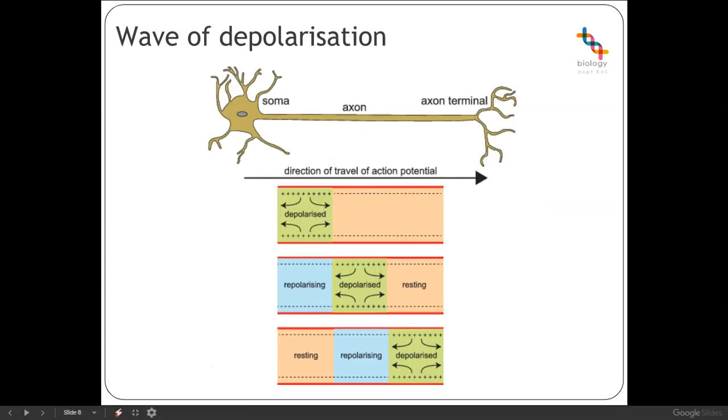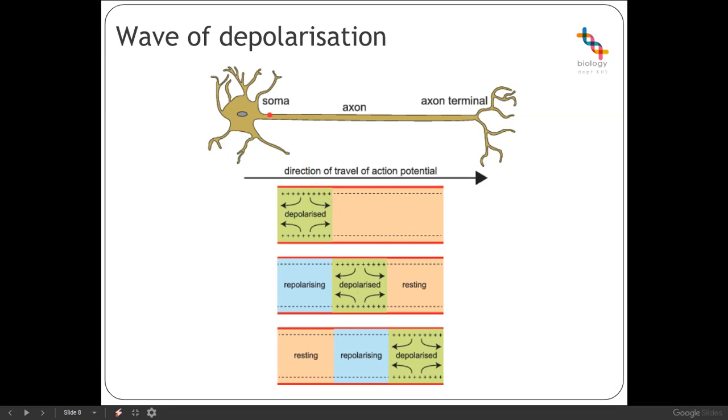So when this is happening within the plasma membrane of our axon, our initial response has started here and it starts to travel along to get to our axon terminal. Essentially what's happening is when we depolarize one patch of membrane, that causes the neighbouring regions to become depolarized and go through the same cycle as the adjacent voltage-gated sodium channels are opened.